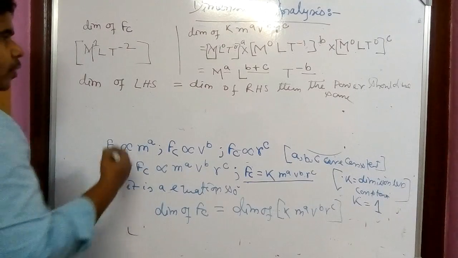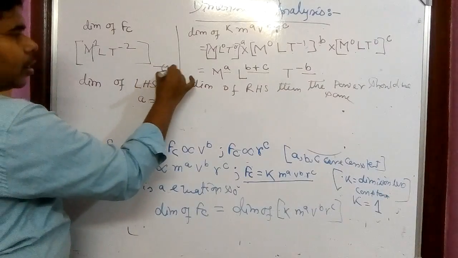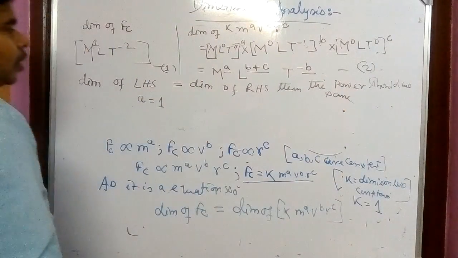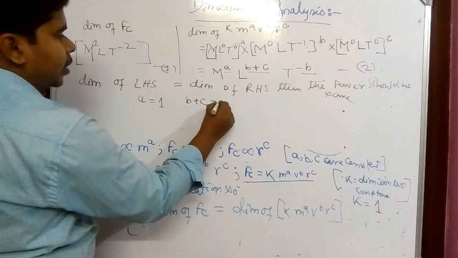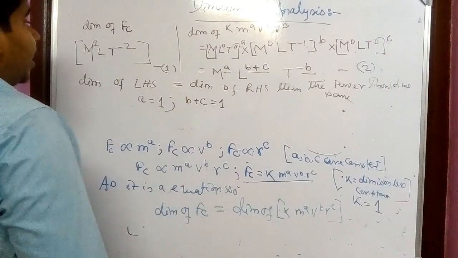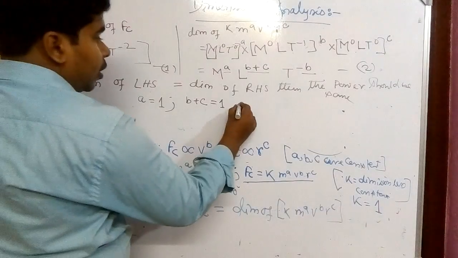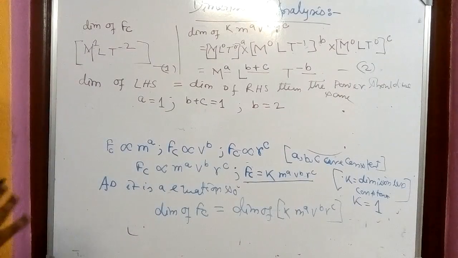Just comparing these two, we can write A equals 1. Now for L, B plus C, so here B plus C equals 1. L to the power 1, here it is B plus C. And T to the power minus B, so minus minus cancels out, B equals 2. You see, B equals 2. Clear? Now we have to find the values.